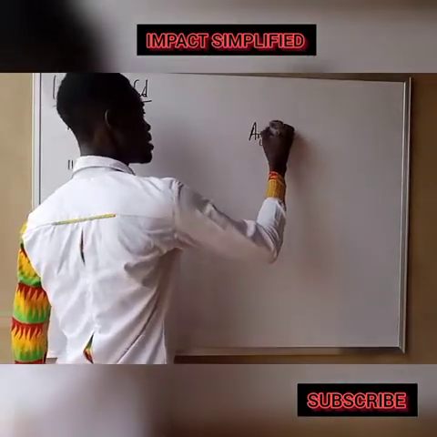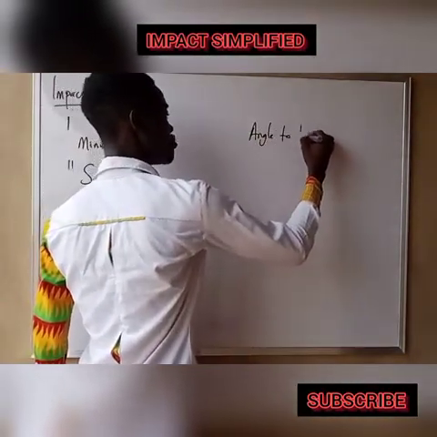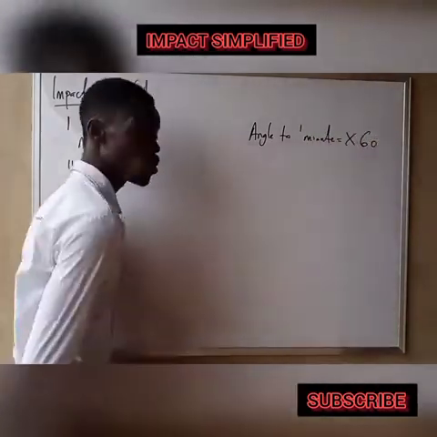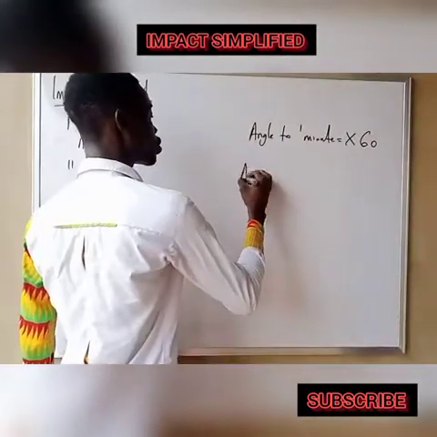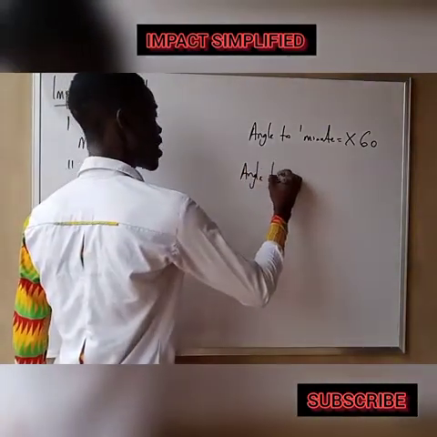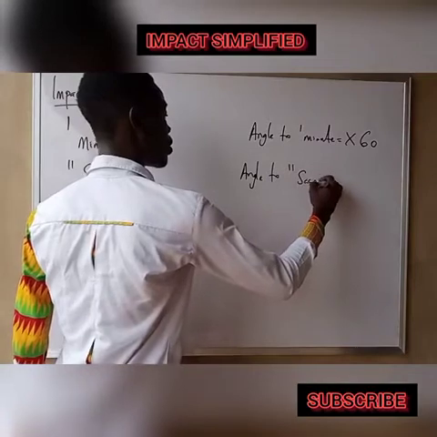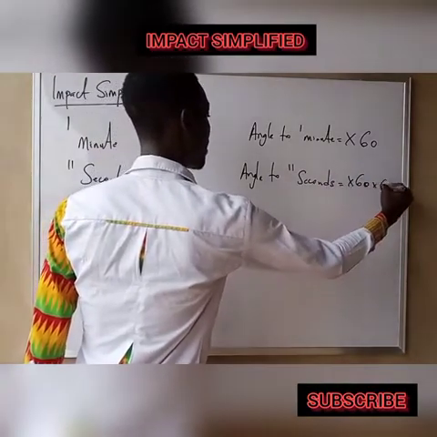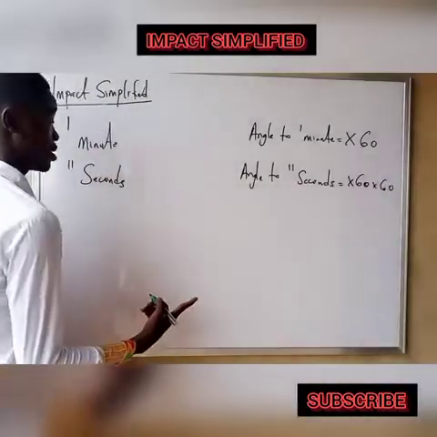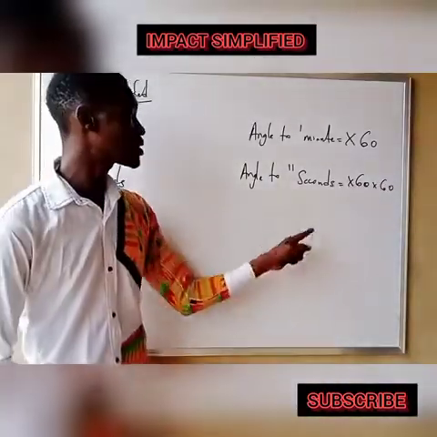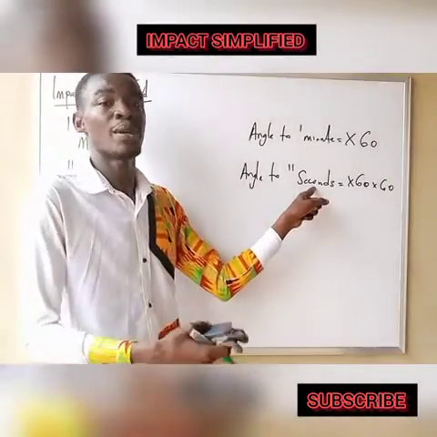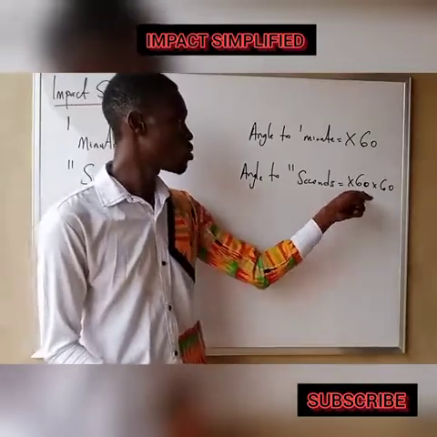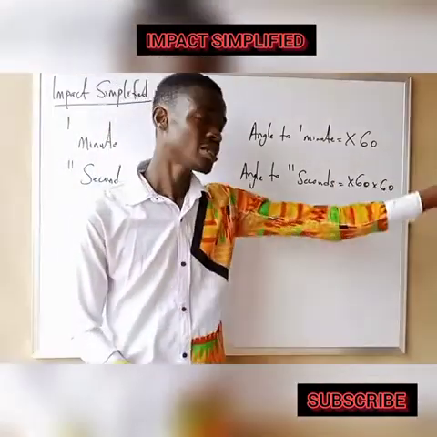Anytime you are converting an angle to minutes, you multiply the angle by 60. Anytime you are converting an angle to seconds, you multiply the angle by 60 and 60.